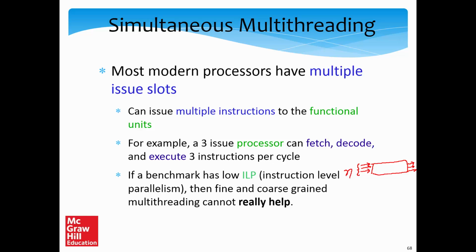Now if a benchmark has low ILP, a program has low instruction level parallelism, which means that it is not possible to actually execute these many instructions in parallel. Why will that be the case? Because we can have dependencies. Let me give an example of some code.